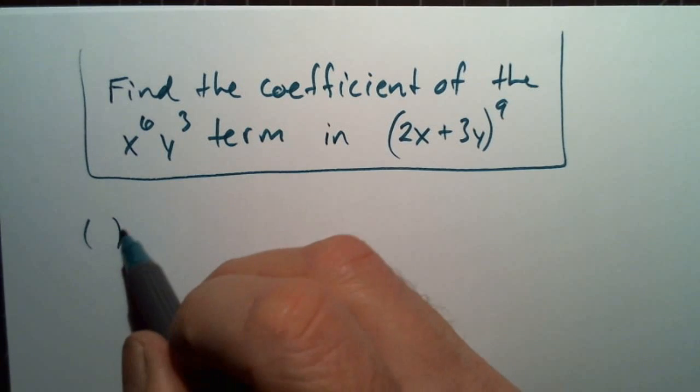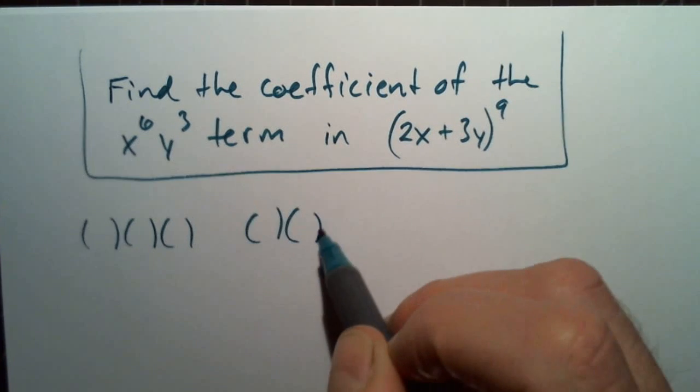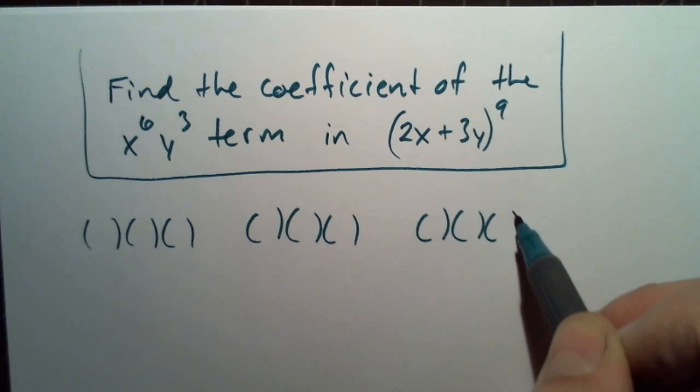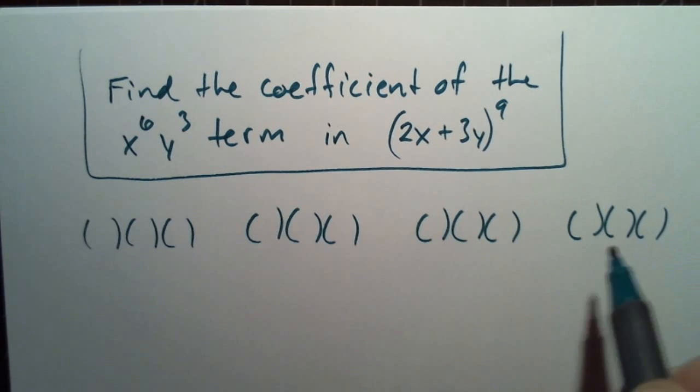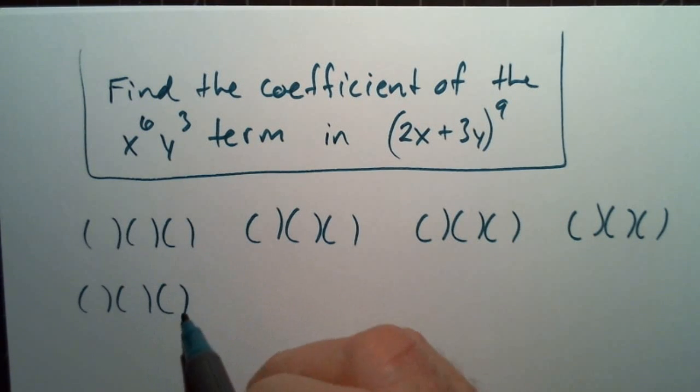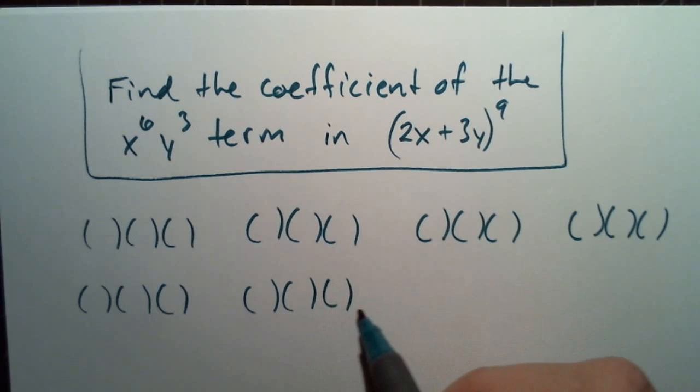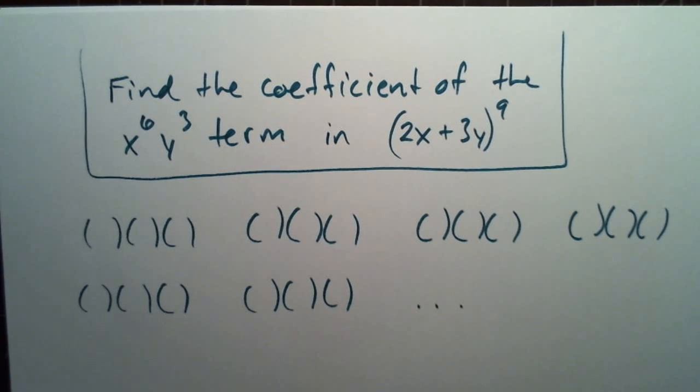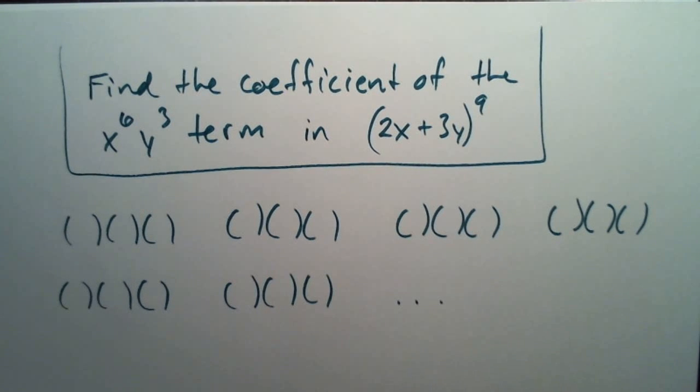9th degree, so we know that we would have 10 terms. And it goes on until we get to 10. Let's see if we're going to have the x to the 6th within these.